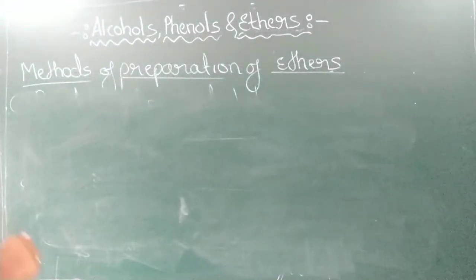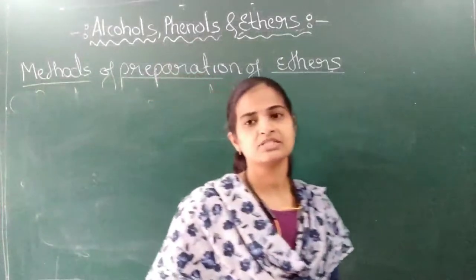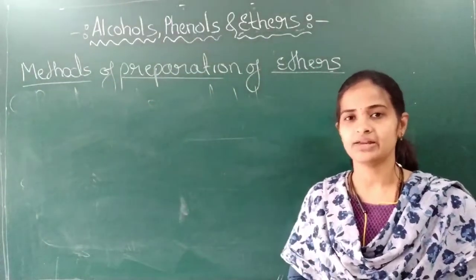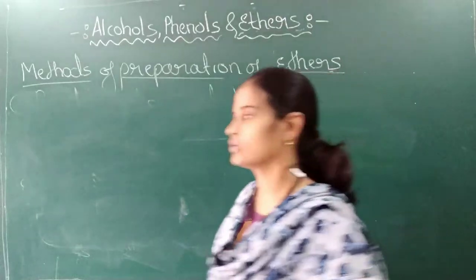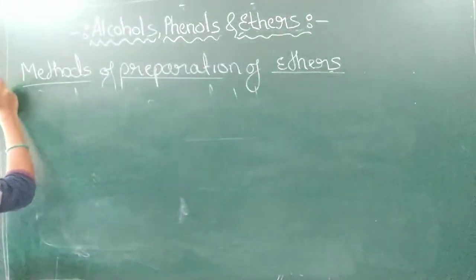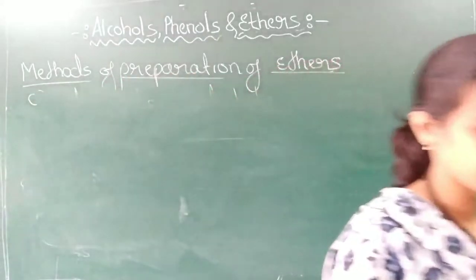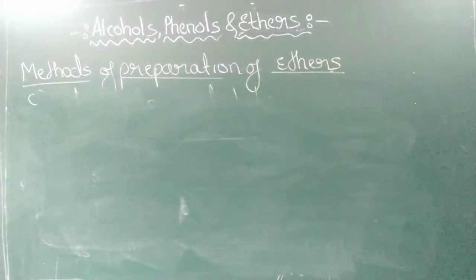Yes, students, before we go for the second method, that is Williamson's ether synthesis, we have to discuss the mechanism of the dehydration of the alcohols. Okay, I'll write this example. The second example you have written, no? The same example you write here.